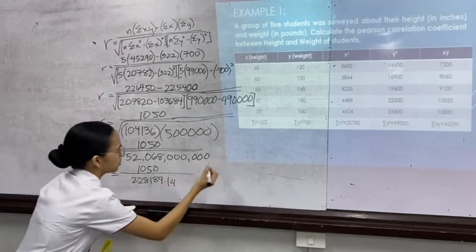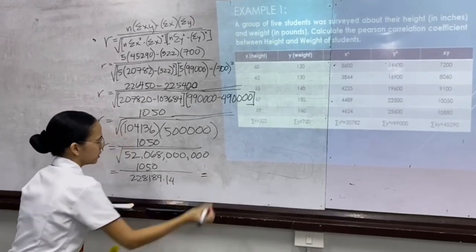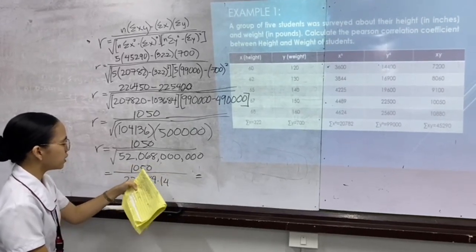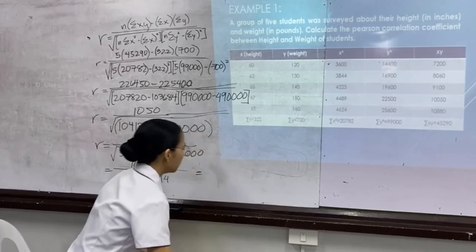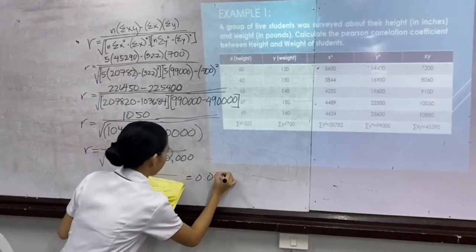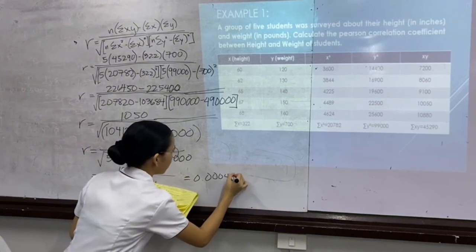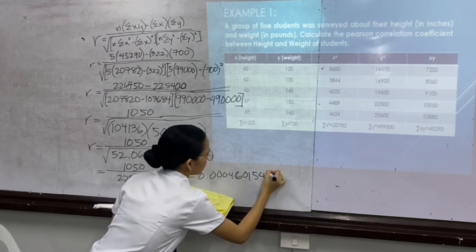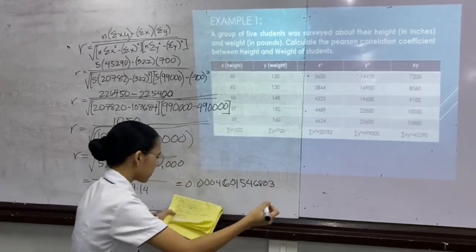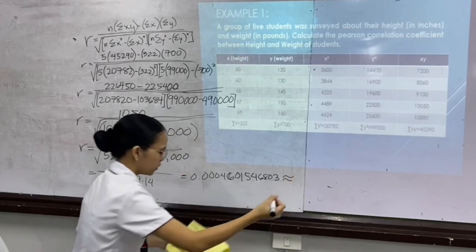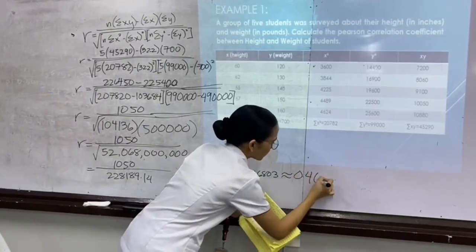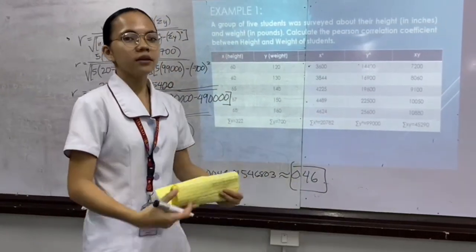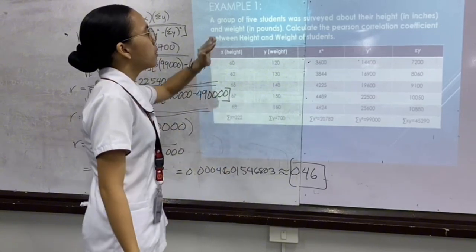We will now divide 1,050 over 228,184.48, which equals 0.0046. This indicates almost no relationship between two variables, height and weight.